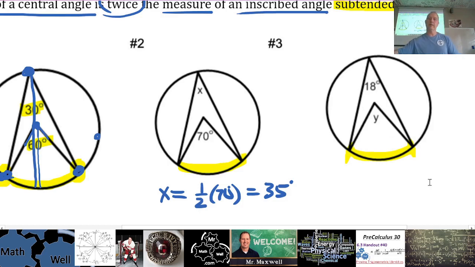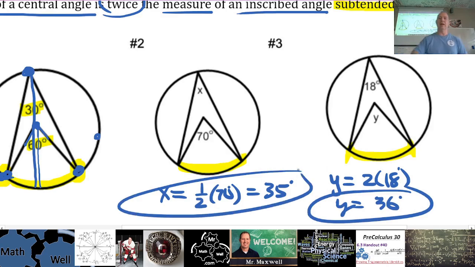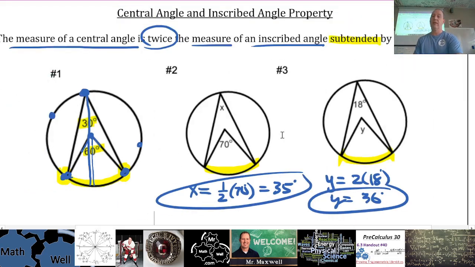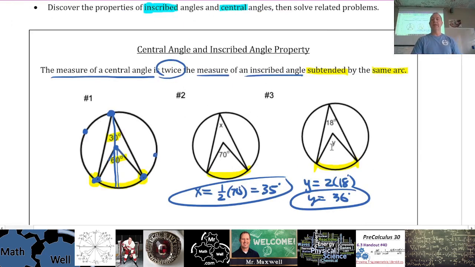So y is 2 times 18, which is 36 degrees. Love it. Anybody have any questions about this so far? I think it's a pretty straightforward rule, or theorem, a property in math. But anybody have any questions? Okay.